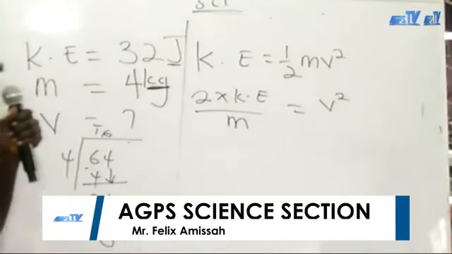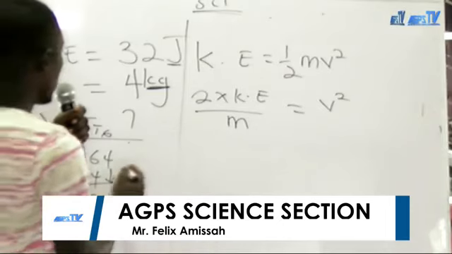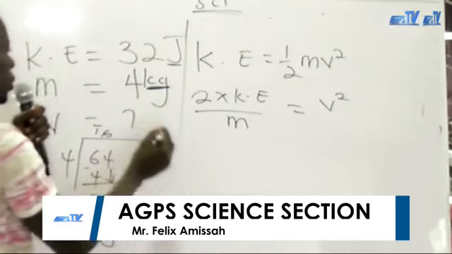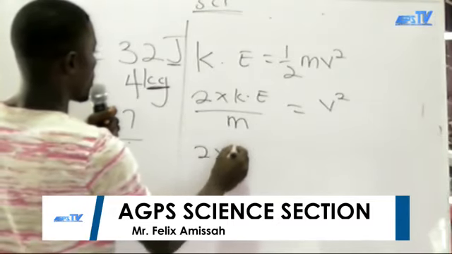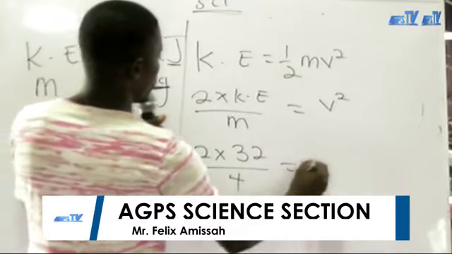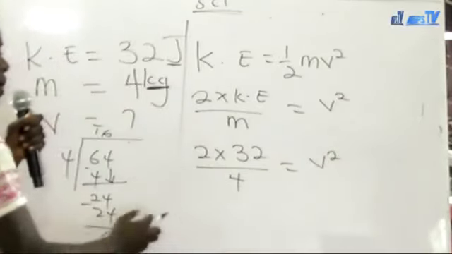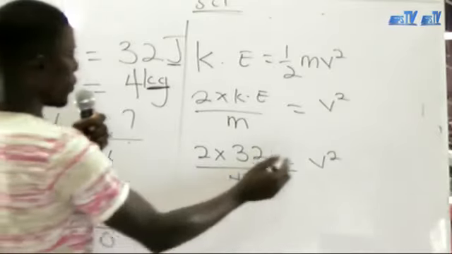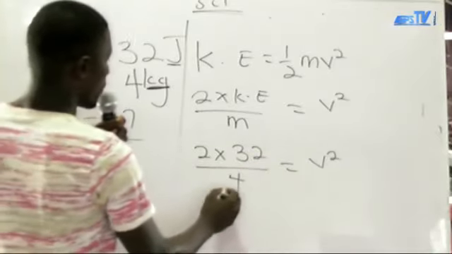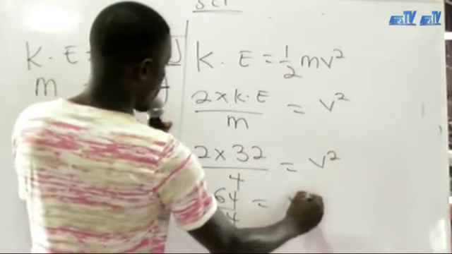This one is so simple. You just put in the figures. So we have 2 times 32 out of 4 is equal to V squared. So here we have 64 out of 4 is equal to V squared.